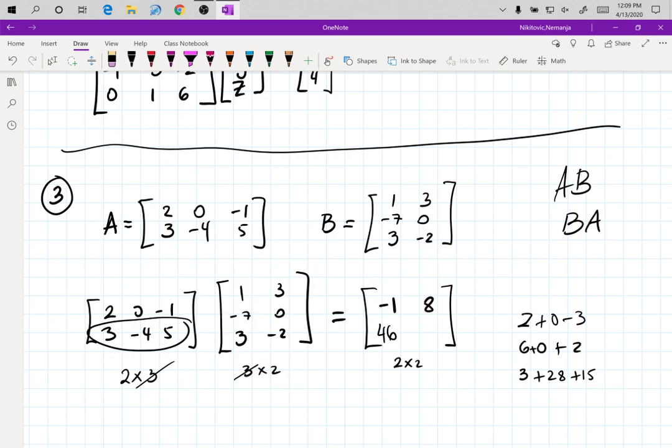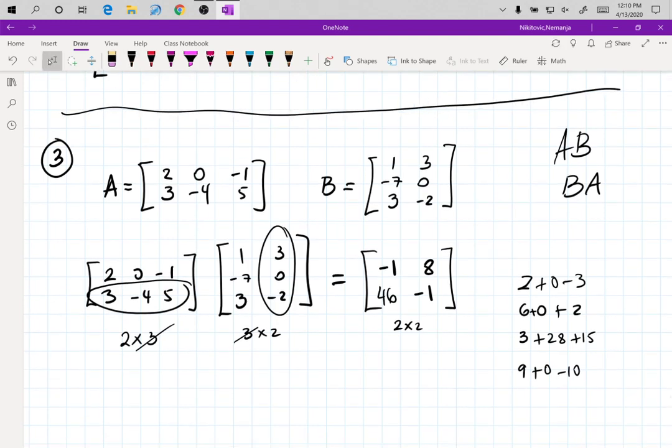And then we move there. 3 times 3 is 9, plus 0, minus 10, that's -1. All right, cool. So that's what we have for A times B.